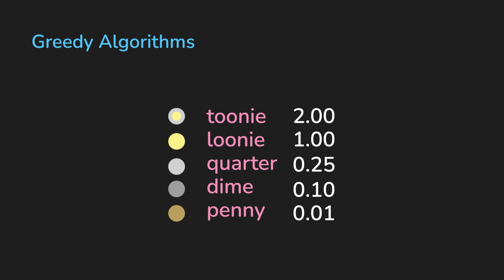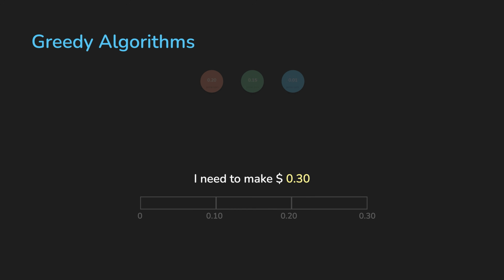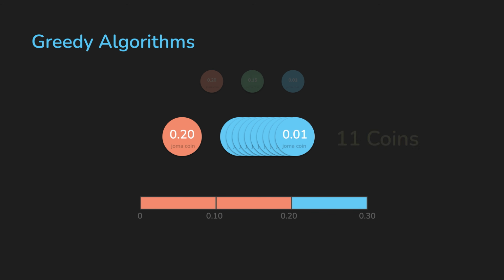Now, the greedy algorithm worked well in our Canadian coin system, and it will work every time if we use that system. However, this strategy will not work in general. What if our coin system was 20 cents, 15 cents, and 1 cent, and I want to make change for 30 cents? Then the greedy approach will yield 1 20-cent coin and 10 1-cent coins, which gives us a total of 11 coins.